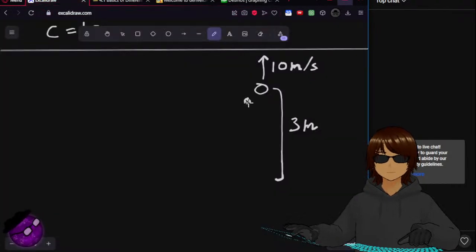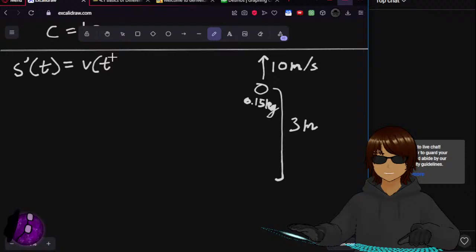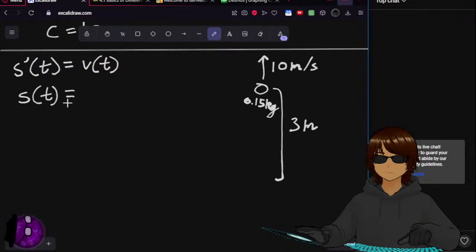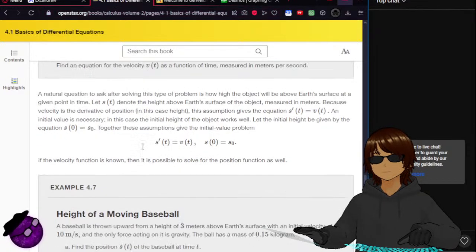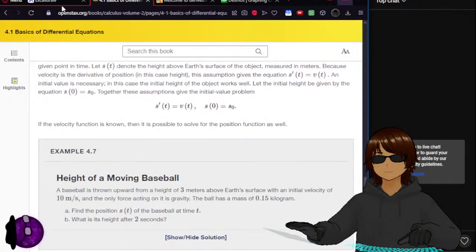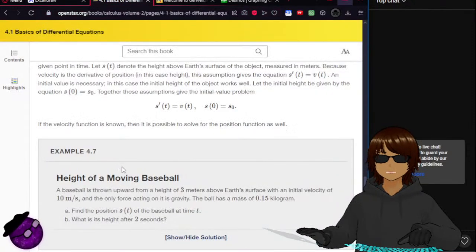And has a mass of 0.15 kg. So the derivative of s is equal to v(t). S is measured from the Earth's surface, right?